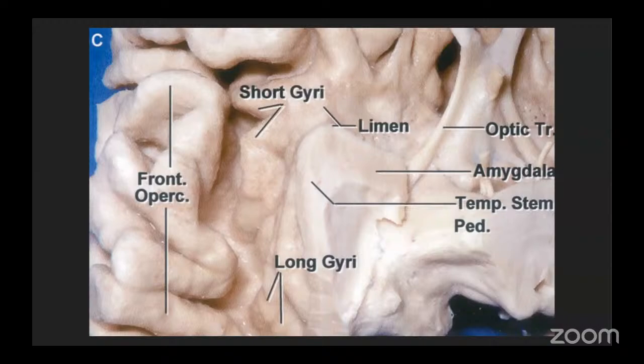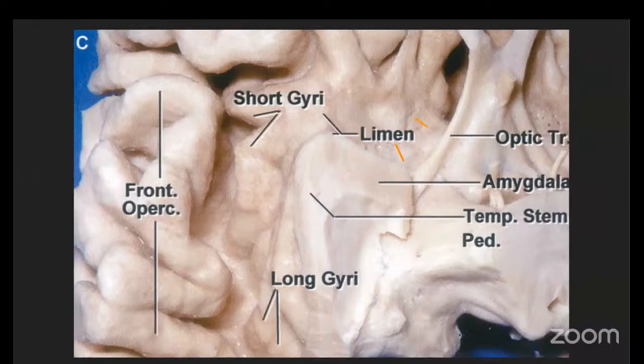You can see the anterior perforating substance here, right by the optic tract. You can also see the limen insula, which is marking the end of the anterior perforated substance, and M2 is going to go like this. The short gyri are visible, the long gyri are also visible. Clear this.